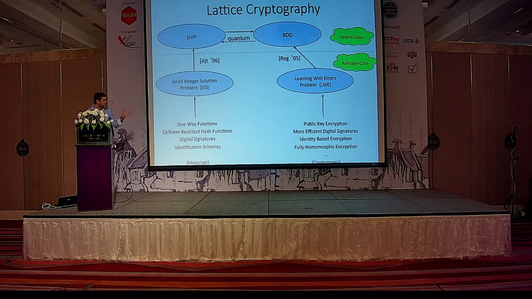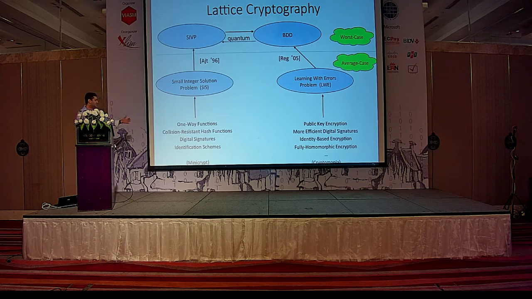The interesting thing is that from this SIS problem, you can get things like one-way functions and collision-resistant hash functions, so all the stuff that's in Minicrypt. Whereas learning with errors is what you really need for the more advanced stuff, for example public key encryption, FHE, identity-based encryption, and more efficient digital signatures.